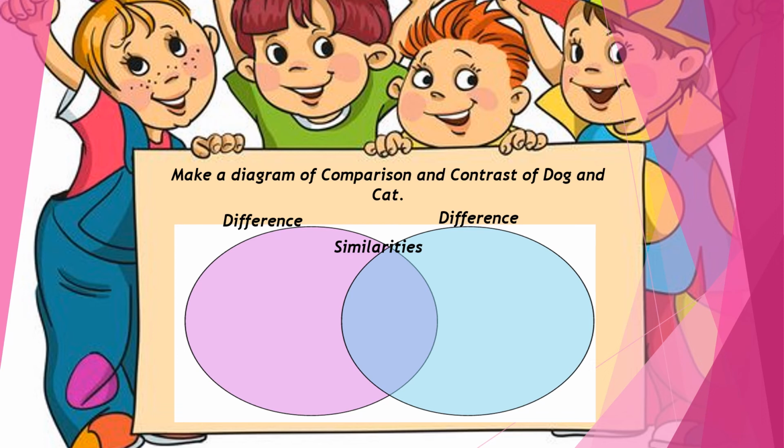Again, make a diagram of comparison and contrast of dog and cat. Here is the dog, here's the cat, and their similarities here. Do it in 10 minutes. Time starts now.